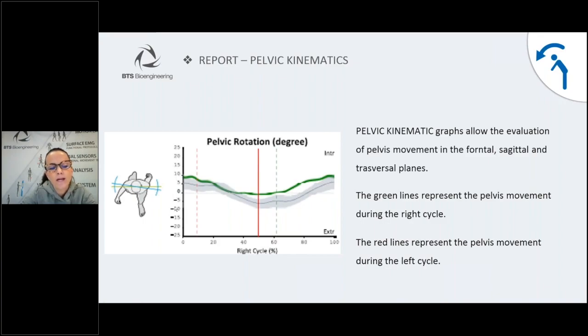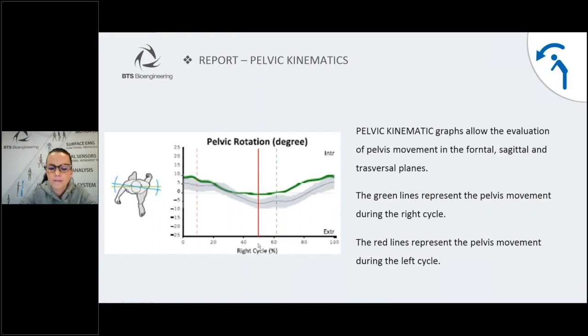The angle value in degrees is shown on the vertical axis. The horizontal zero line divides the graph into two parts, with positive values of the angle that conventionally identify an internal rotation movement, and negative values of the angle that instead identify an extra rotation movement.